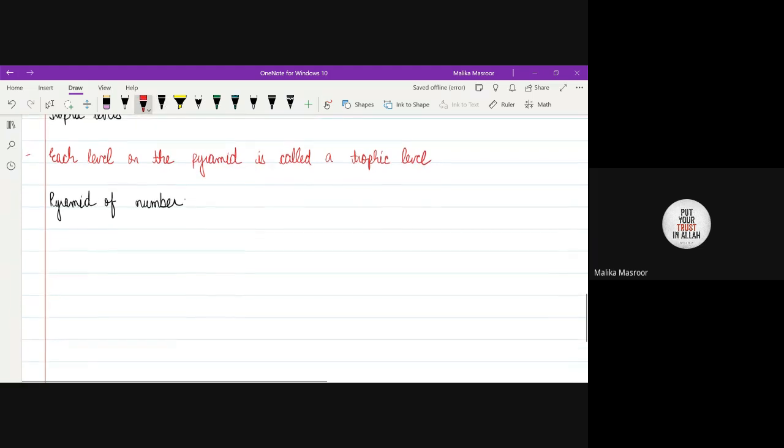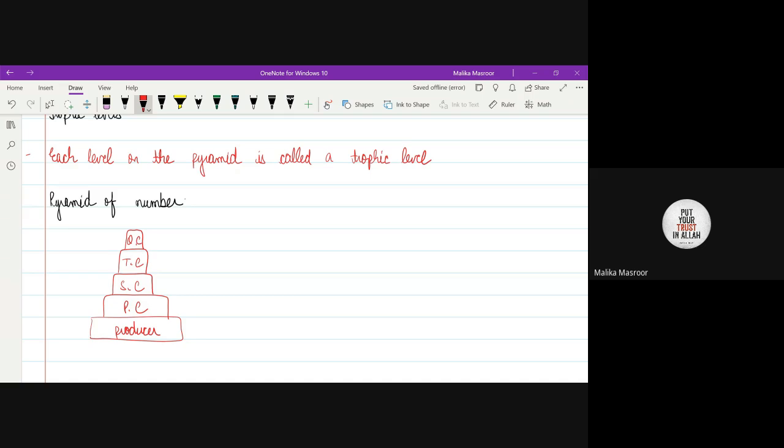So number, obviously, firstly you have lots of producers, for example grass in this case. And then fewer primary consumers, then fewer secondary consumers, fewer tertiary consumers, and then very few quaternary consumers.